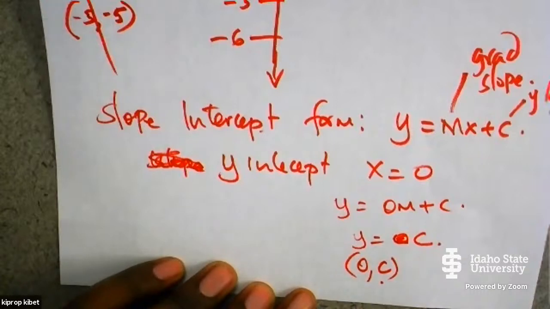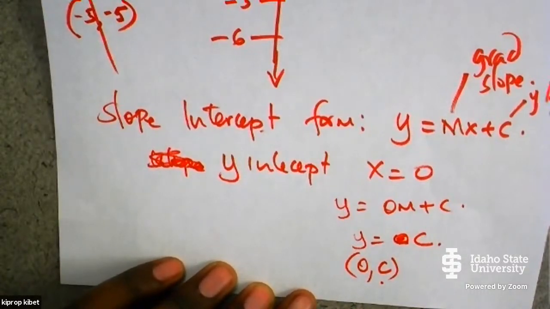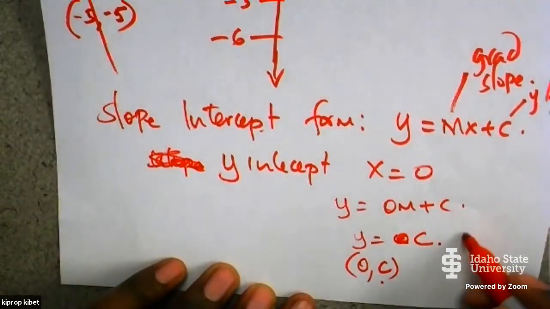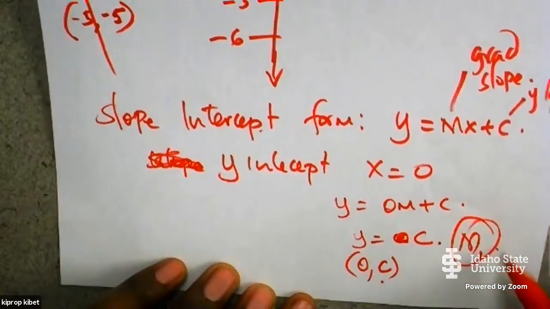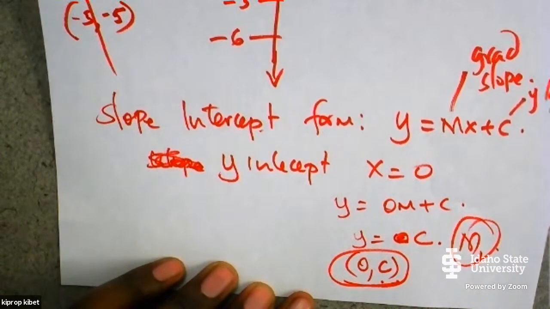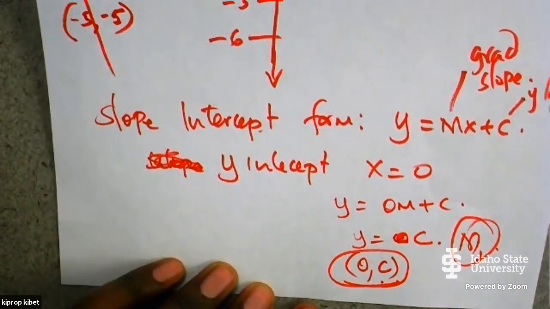That is like how we were given the point there, and then now we're given the slope. Then again, we know the slope, which is m. So we have the slope, and then we use the y-intercept to now draw the straight line.